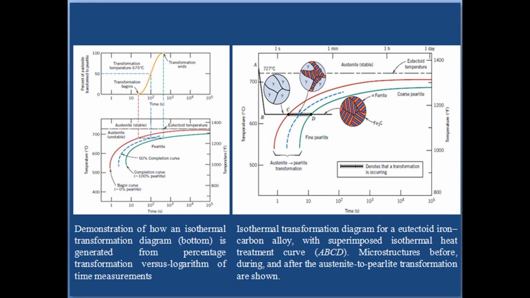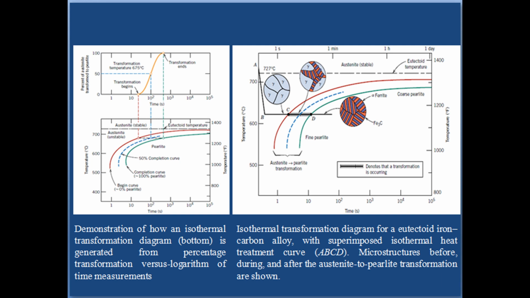A more convenient way of representing both the time and temperature dependence of this transformation is shown in the bottom portion of the figure. Here, the vertical and horizontal axes are respectively temperature and the logarithm of time.